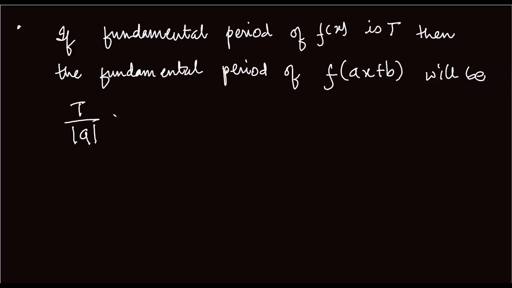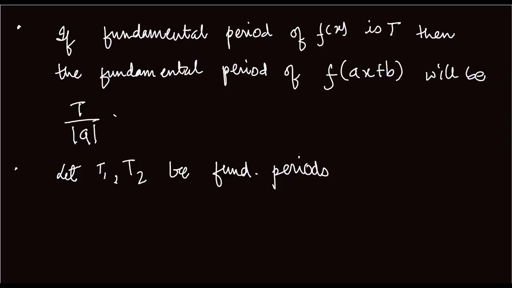So example, again you can take sin pi. Second point is, let T1 and T2 be the fundamental periods of f(x) and g(x). Two functions we have, f(x) and g(x), and these are fundamental periods respectively, T1 for f(x) and T2 for g(x).